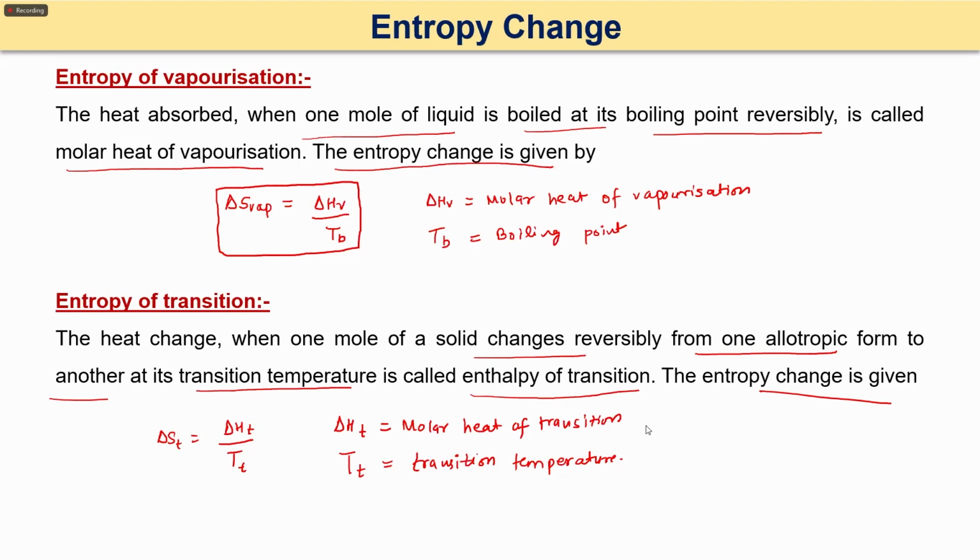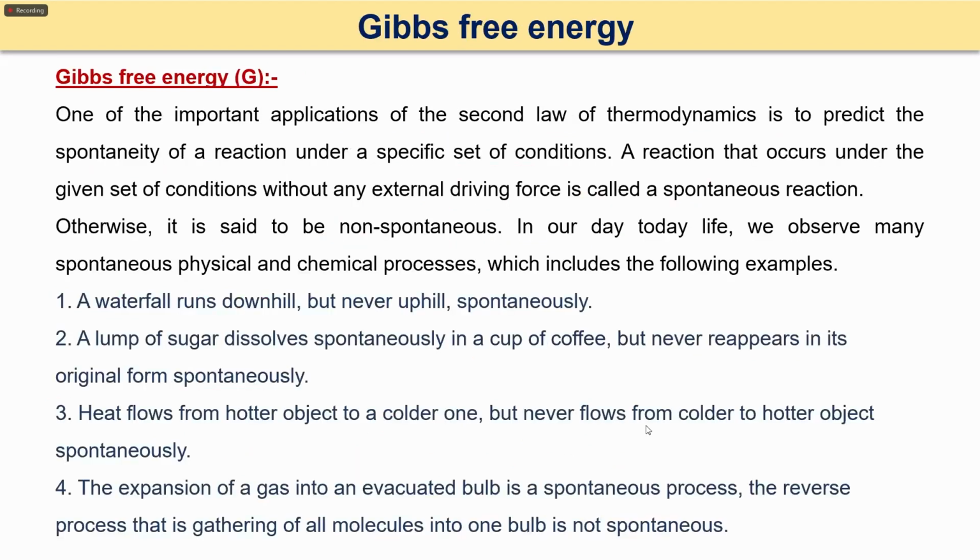So now let us study the Gibbs free energy. One of the important applications of the second law of thermodynamics is to the spontaneity of reaction under a specific set of conditions. According to this, the most important application of the second law of thermodynamics is that we can predict the spontaneity of a reaction.